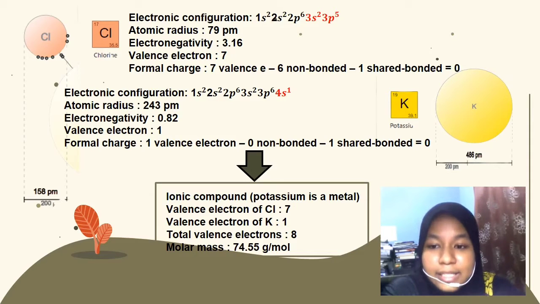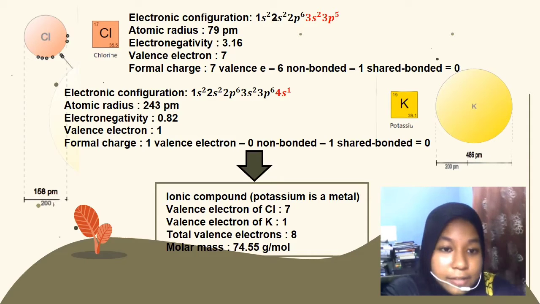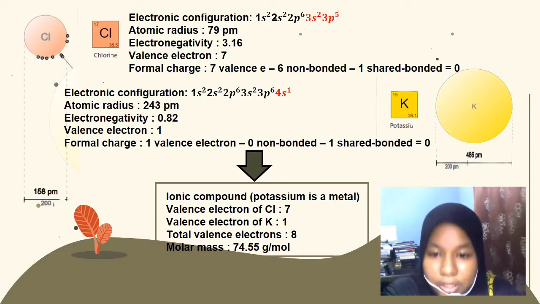Next, we can find out that chlorine is more electronegative compared to potassium, and chlorine has 7 valence electrons while potassium has 1 valence electron. Both of them have the same formal charge, which is 0.